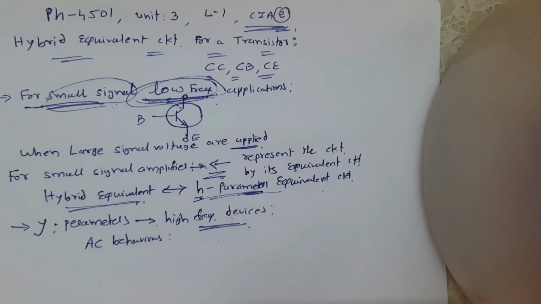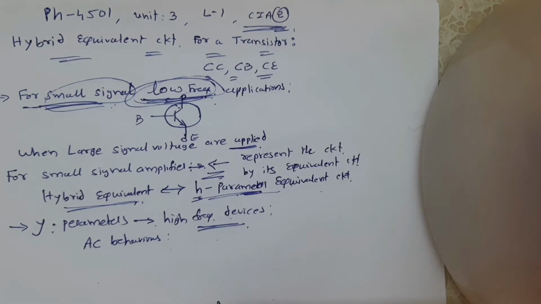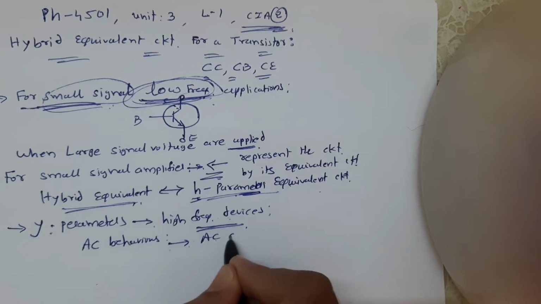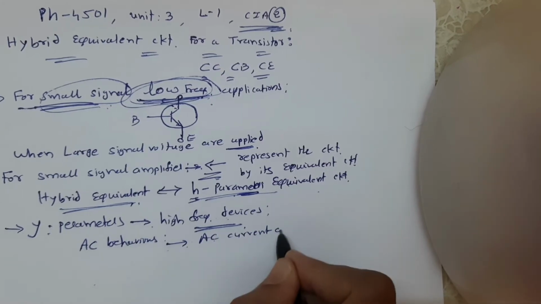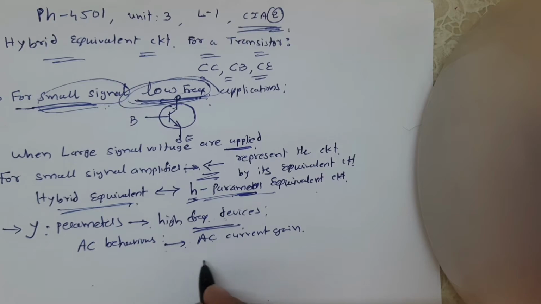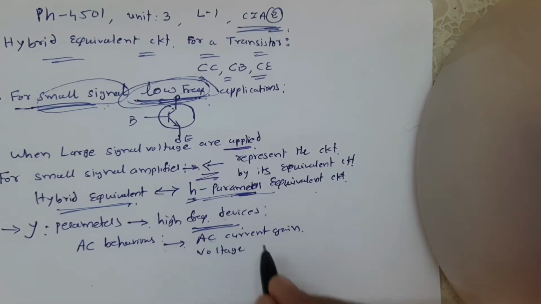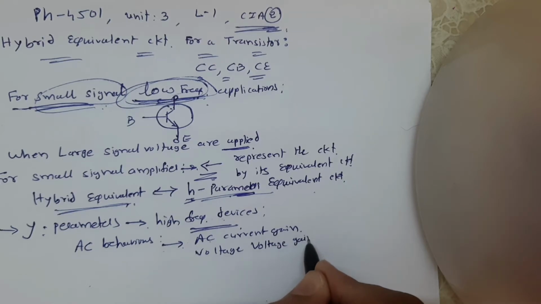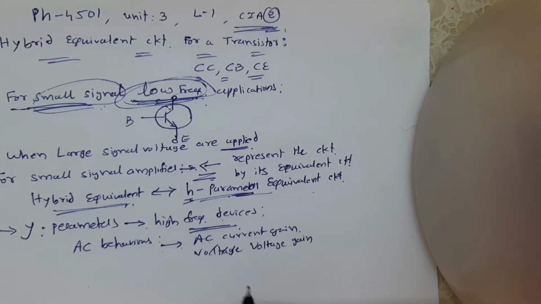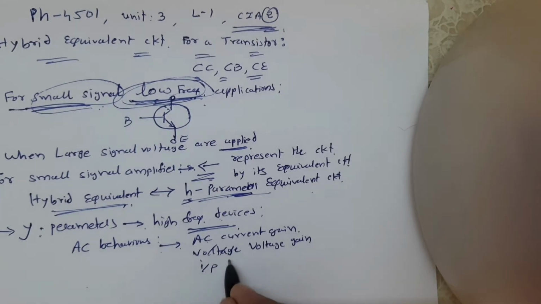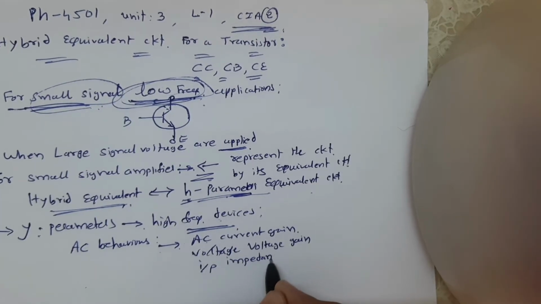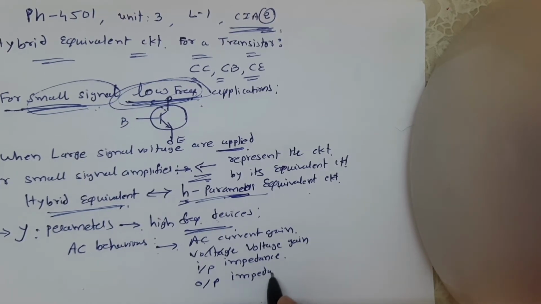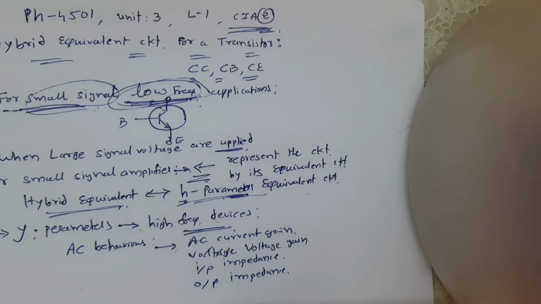That means what is the output when we are applying AC: the AC current gain, the amount of voltage gain, the input impedance and the output impedance of an amplifier.